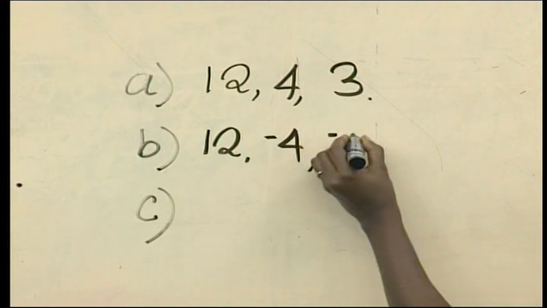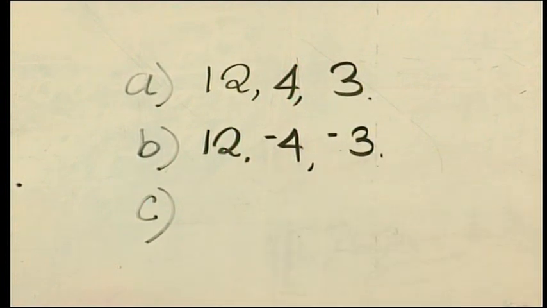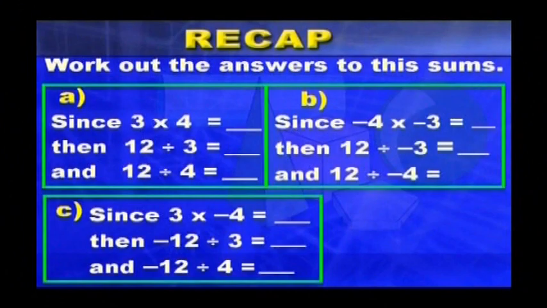Negative 3. Come again? Negative 3. C. 3 times negative 4, negative 12 divided by 3, negative 12 divided by 4. Ruth?